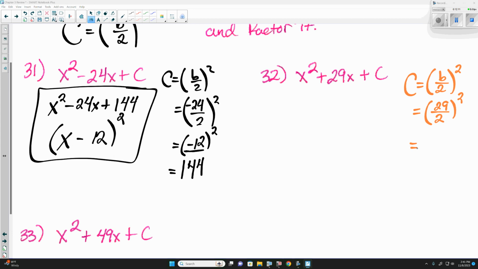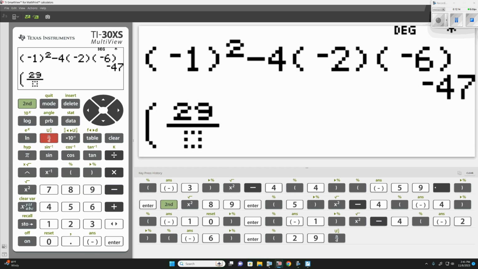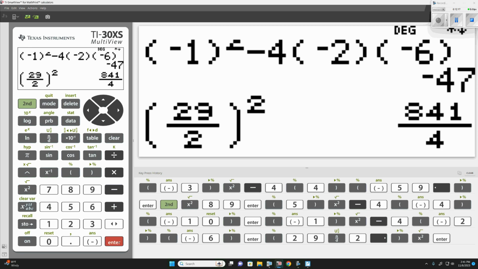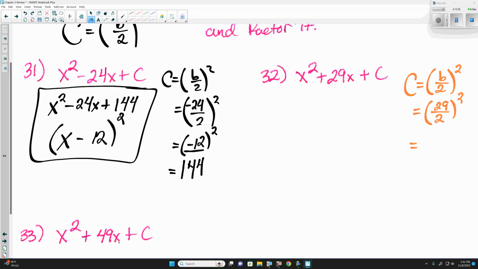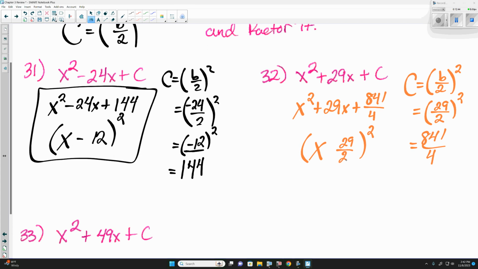So since it doesn't divide, go on and square it. 29 over 2 squared is 841 over 4. So our quadratic is x squared plus 29x plus 841 over 4. Now we need to factor it. The number that goes in there would be 29 over 2, and since it's positive, we would say plus. And that's it. We would do the same thing with 33.